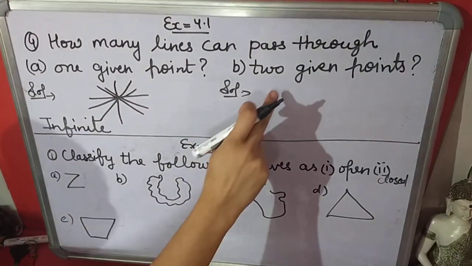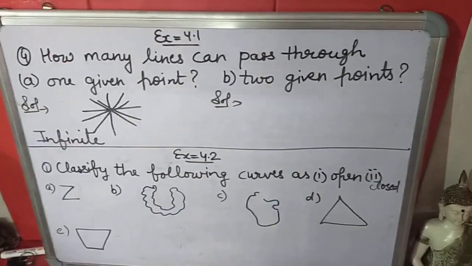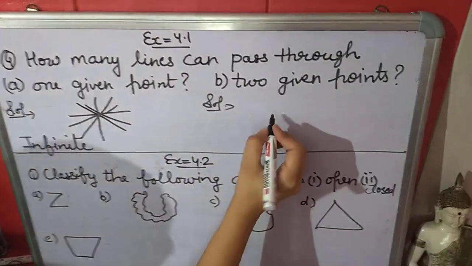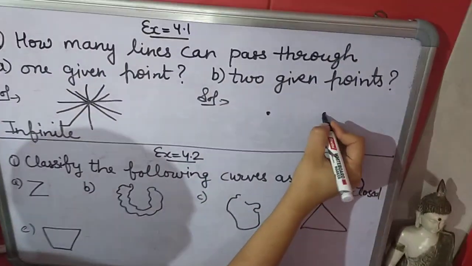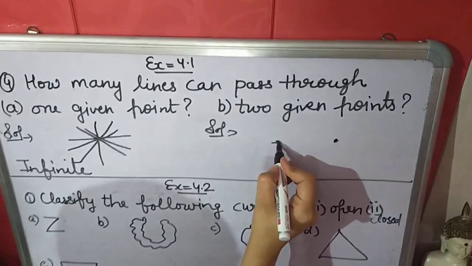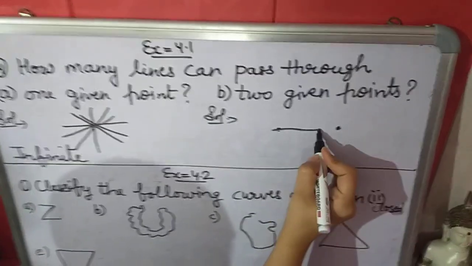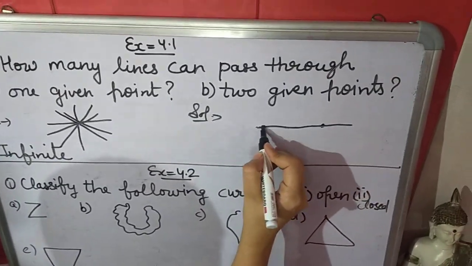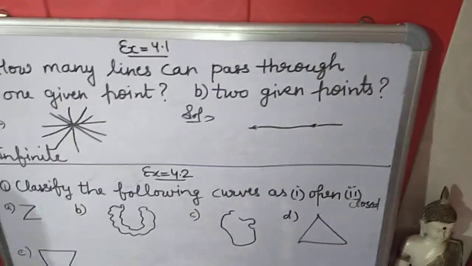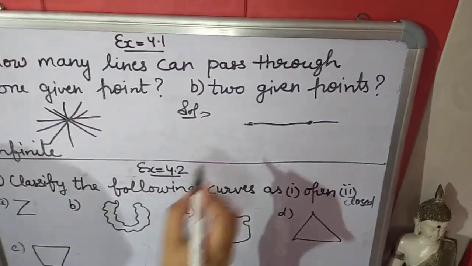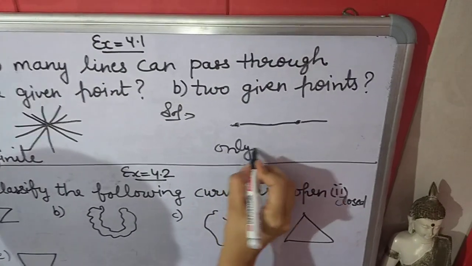Now next, if two points are given, how many lines can pass through them? Only one line can pass through them. Okay, only one line.